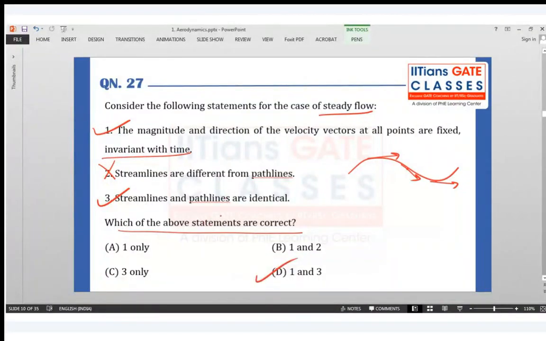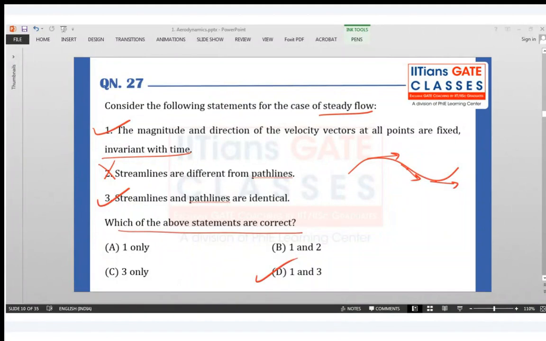This again gives you one more idea that you need to go through the basic definitions of flow. How many types of flow? What is unsteady flow? What is steady flow? What is viscous flow? What is inviscid flow? And rotational flow, irrotational flow. Like this, there are some six to eight classifications.